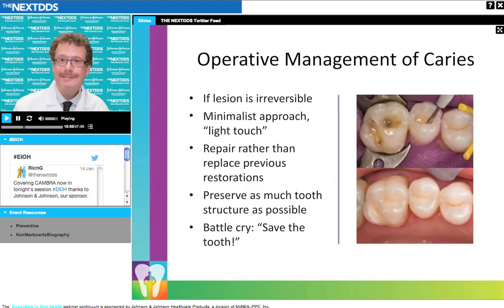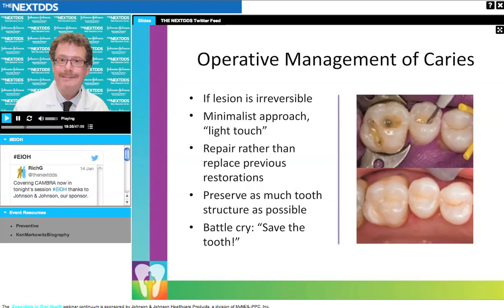If there is a caries lesion where the lesion is likely to get worse without operative restoration, the name of the game appears to be to really use a light touch: do good peripheral excavation, avoid undermining and weakening the tooth, and avoid pulp exposure unless it's really necessary. So preserve as much tooth structure as possible.